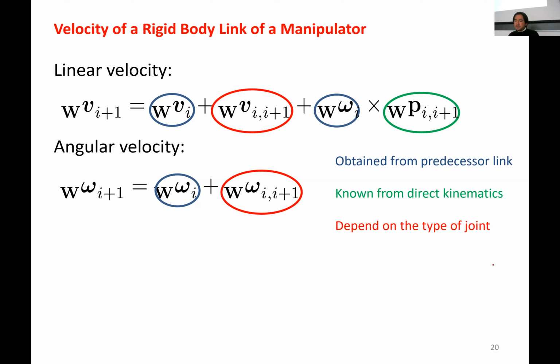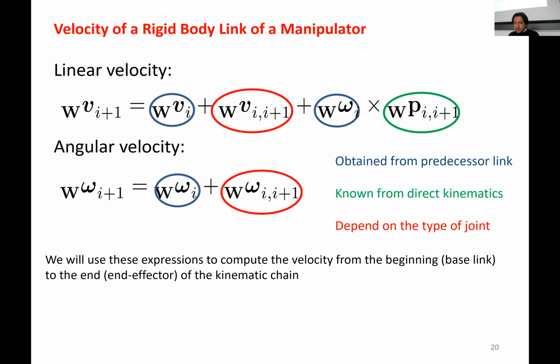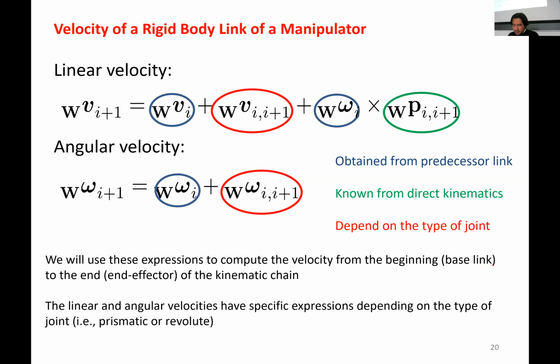In our case, because we're looking at manipulators, this depends on the type of joint we're looking at. We're going to use the expressions from the beginning of the kinematic chain, which is the base link, to the end of the kinematic chain, which is the end effector.